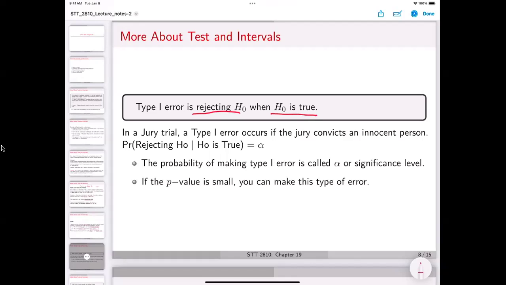Type 1 error is when we reject the null hypothesis when it is actually true. Since it is true, we should have failed to reject it, but we rejected it. Is that okay? So that is an error, and that error is type 1. For example, in a jury trial, type 1 error can occur if the jury convicts an innocent person.